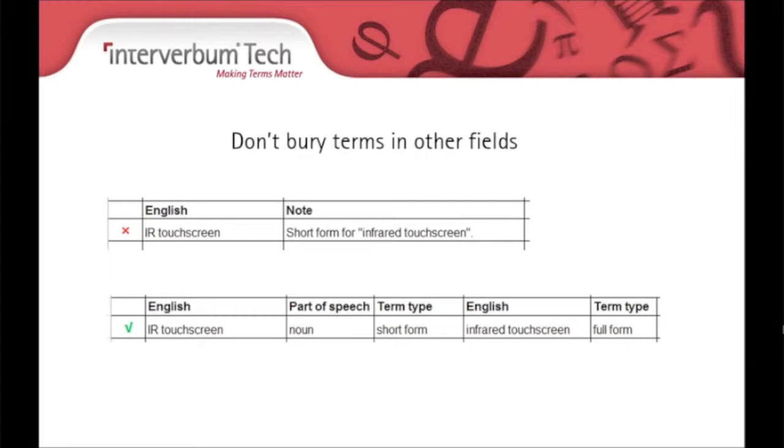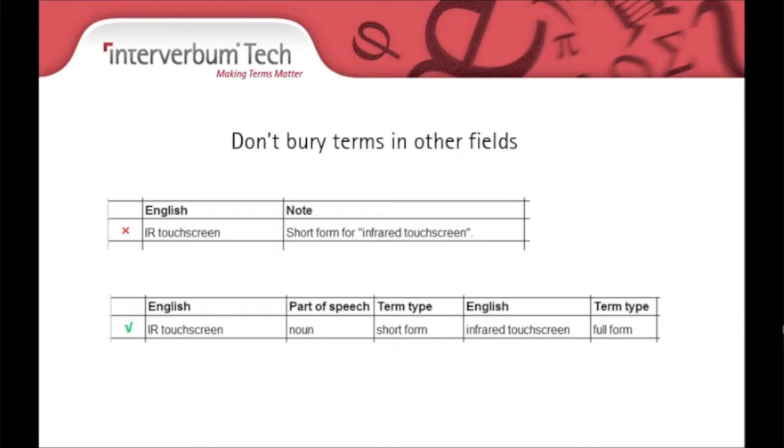Okay. Another big problem is when terms are found in other fields, but not in the term column. Here we have the term infrared screen, but it's shown in the note column in quotation marks. So no application, no CAT tool, no controlled authoring system will ever be able to find this term infrared screen when it is searching your glossary.